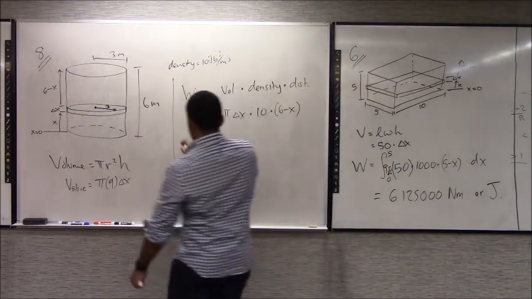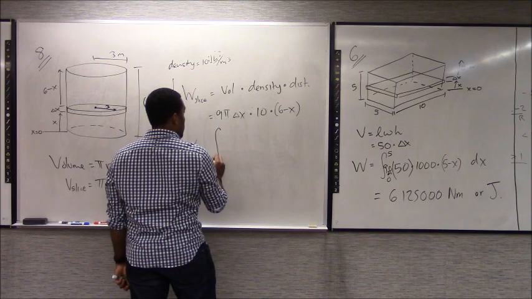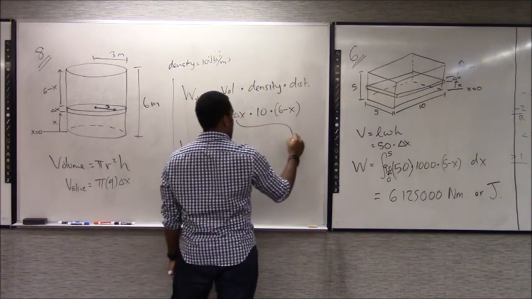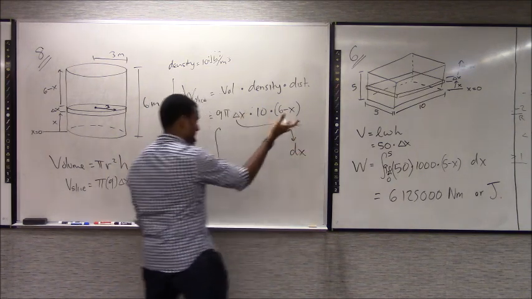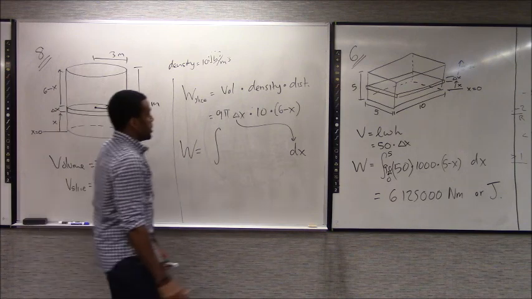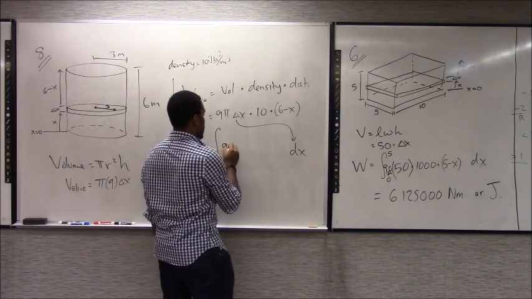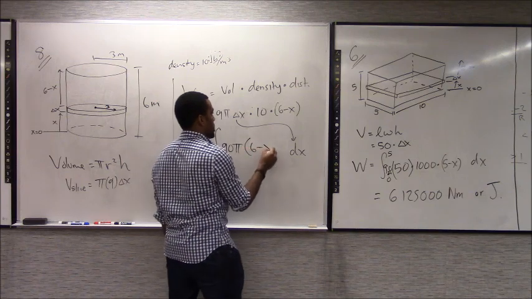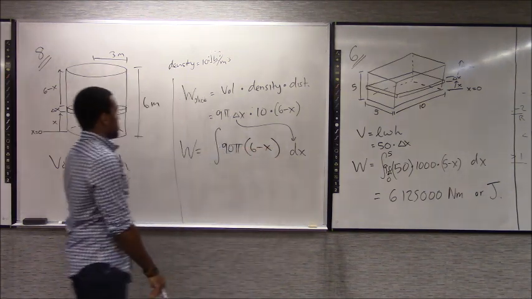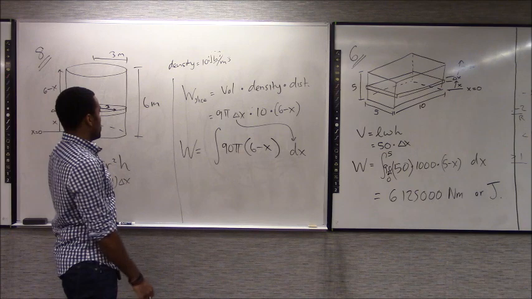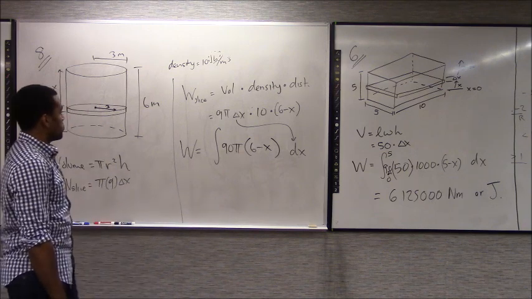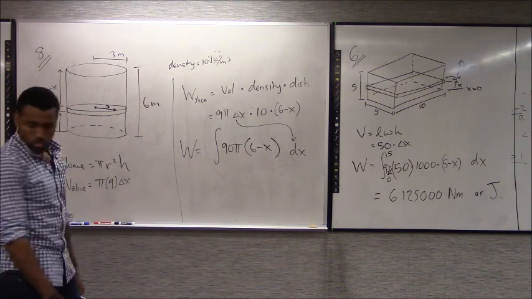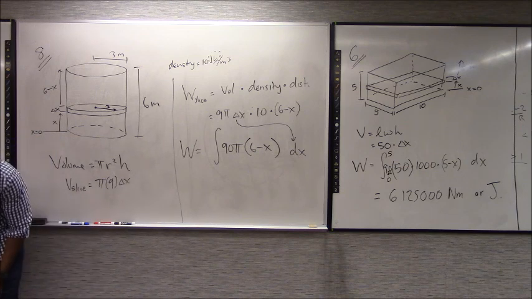And so now we can do the total work. Here's where we throw in the integral. That delta x is going to become your dx because we're looking at this as a Riemann sum. And so it's going to be 9 pi times the 10 times the 6 minus x. What are the limits? Should be 3 to 6.